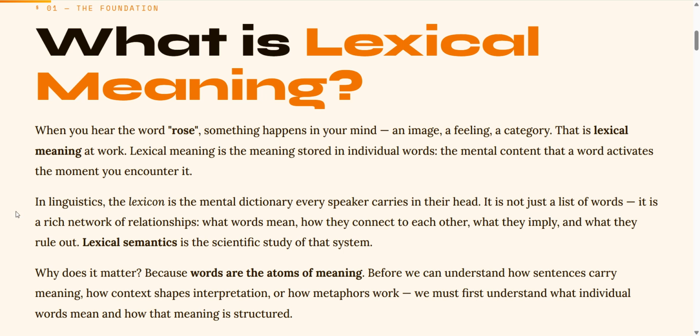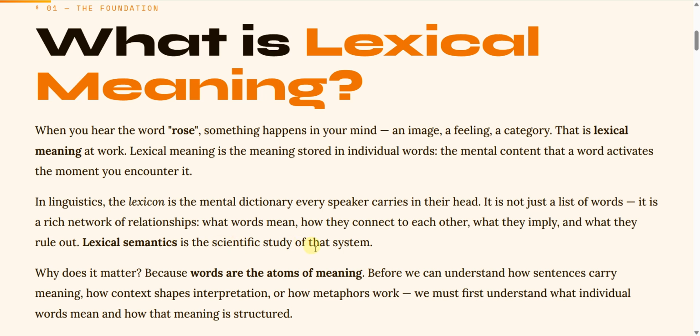And in linguistics, the lexicon is the mental dictionary every speaker carries in their head. It is not a list of words, it is a rich network of relationships: what words mean, how they connect to each other, what they imply, and what they rule out.